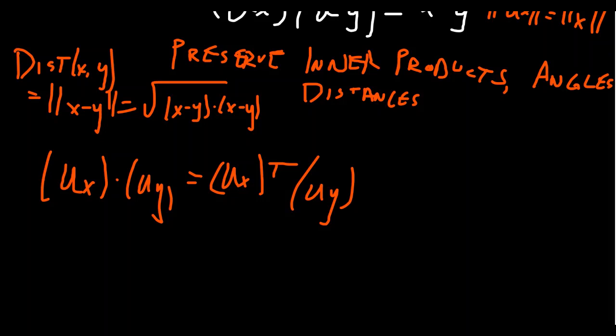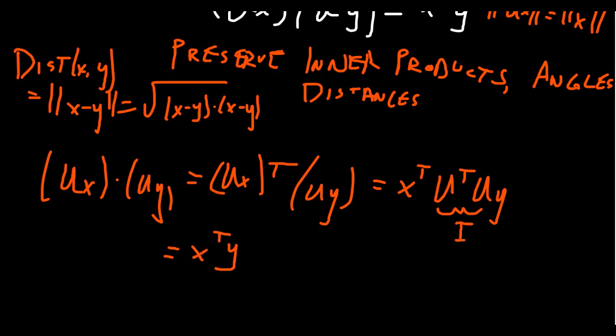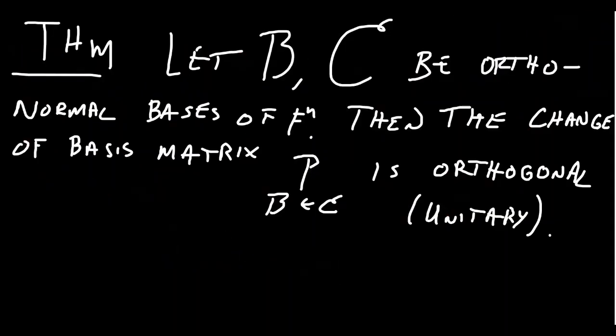And so by properties of the transpose, since it's a shoe-sock operator, you get x transpose U transpose U y. Well, since it's orthogonal, U transpose U is the identity. And so this just becomes x transpose y, which is the same thing as the inner product x dot y. And like I said, for complex matrices, we change the appropriate parts, and we get the same argument here. Orthogonal matrices don't change inner products.